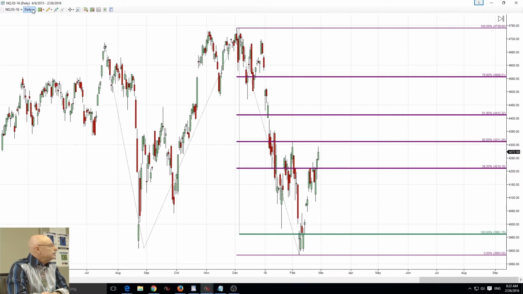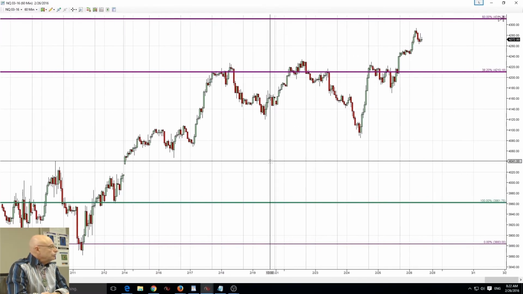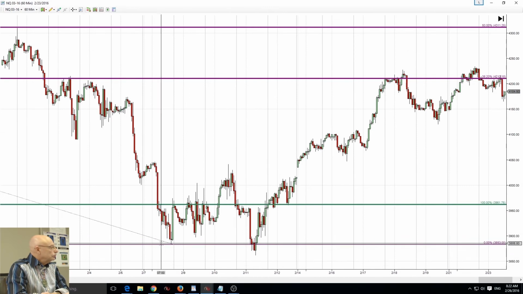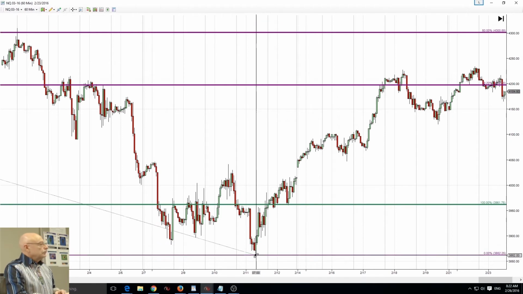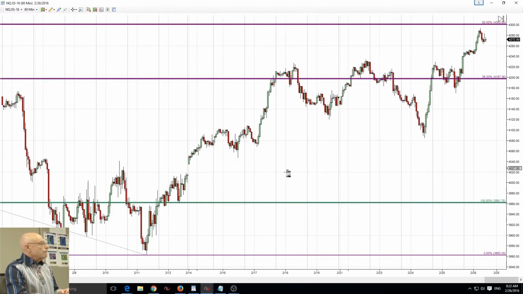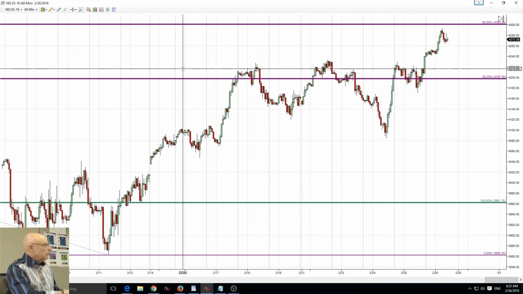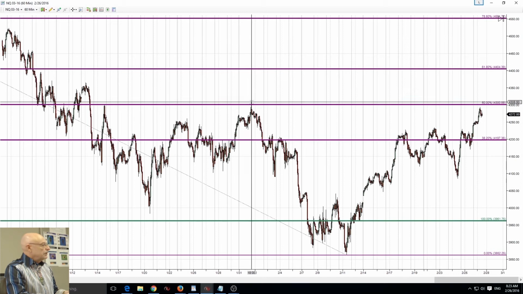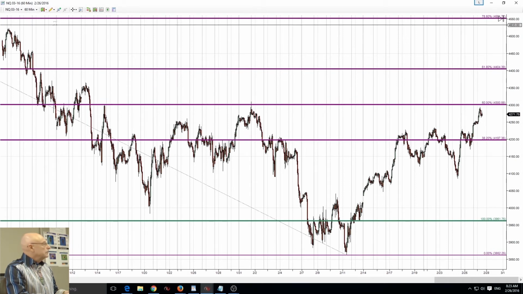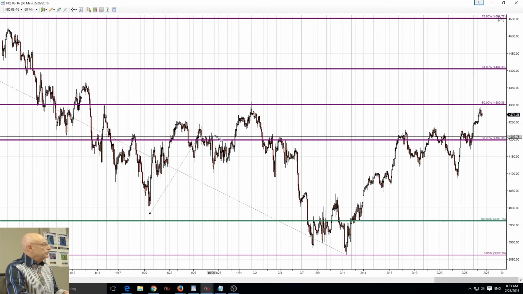Better, let's switch to 60 minute to see how we do setup. So okay, we haven't broken that high. You see, it's only one index. Let's do this.